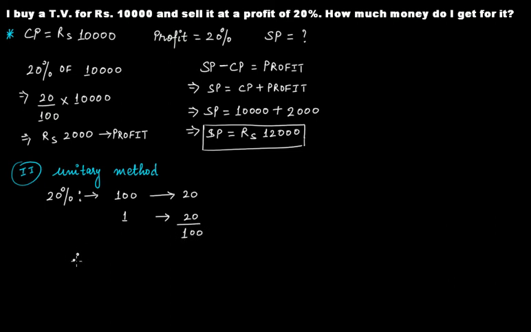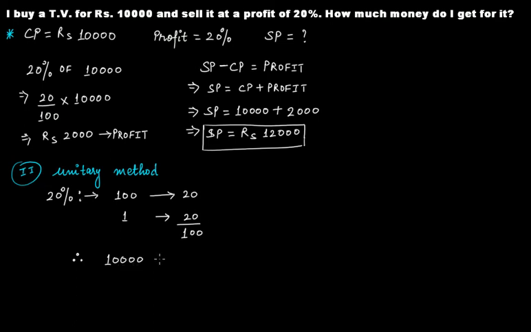Therefore, for the cost price 10,000, the exact cost price, we are using the unitary method. So for exact 10,000, that's a real cost price. On 100, you make a profit of 20. That's what this 20% tells us. So for 1, this much.